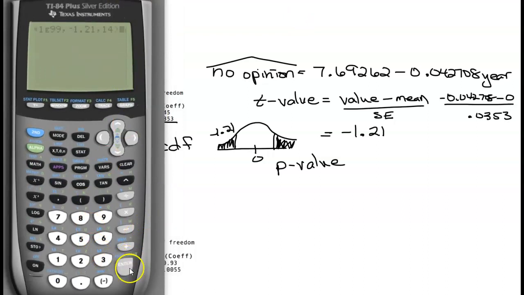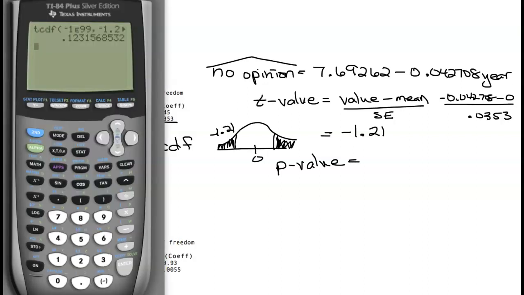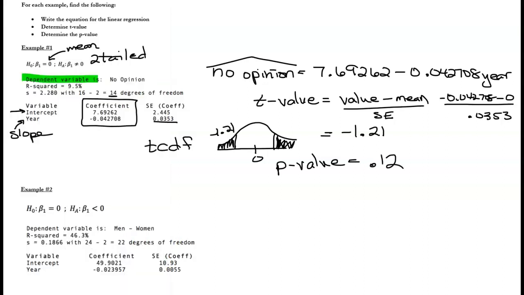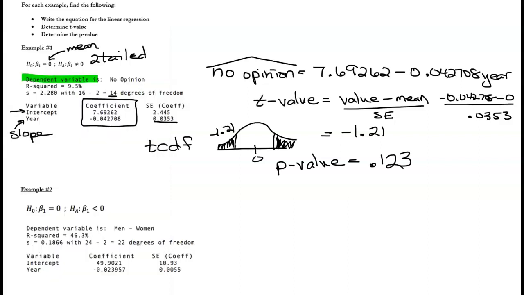And so our p-value is 0.123, but that's only for one side. And since it's not equal to, it's two-tailed, so I need to times that by 2. So it's 0.246.